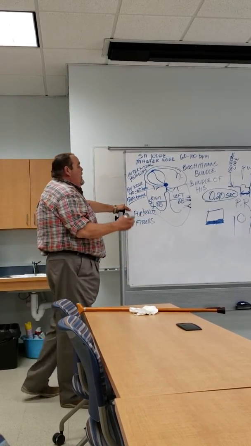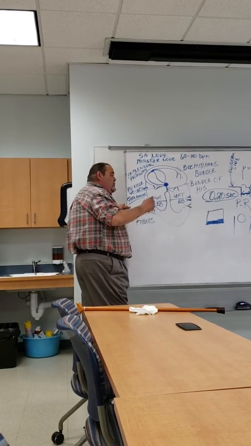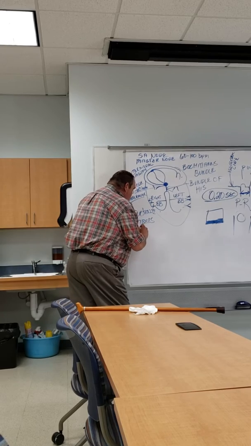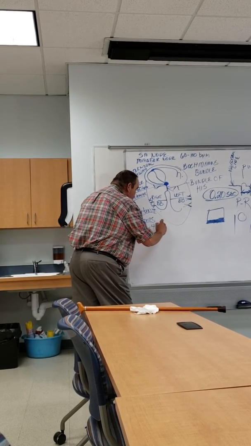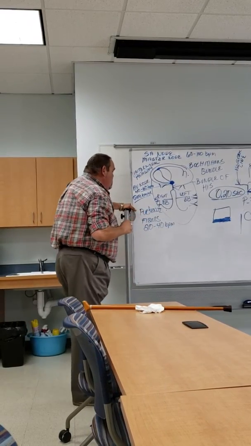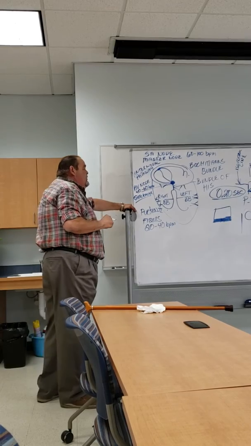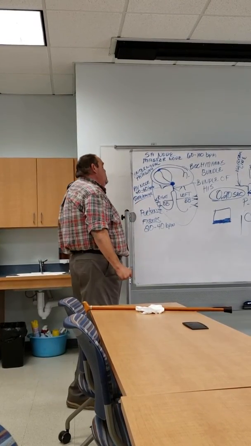Okay? If something happens here, these Purkinje fibers will take over and they will fire at a rate of 20 to 40 times per minute. Okay? And this is your last fail-safe, your Purkinje fibers.